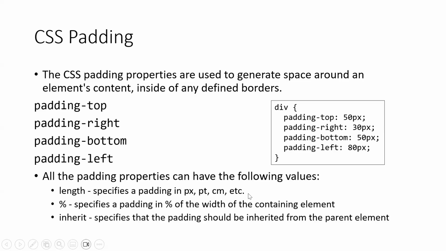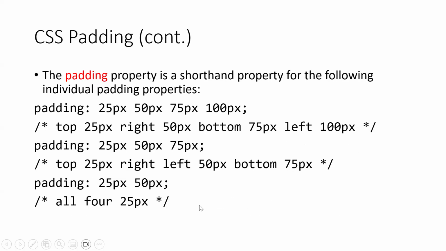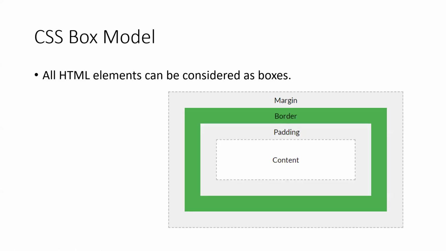Right, now padding is the space around the element, the content within the border. Right, but before that, let me use a box model. Okay, right. I'll talk about the box model first, and then I'll come back. We specified the margin earlier, right? And then we had the border.